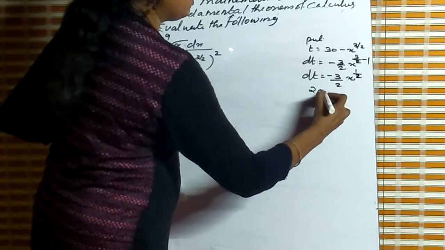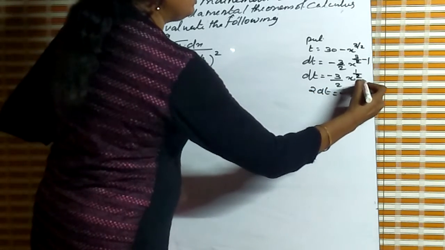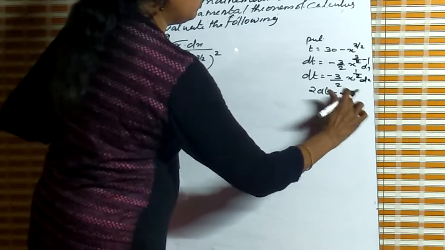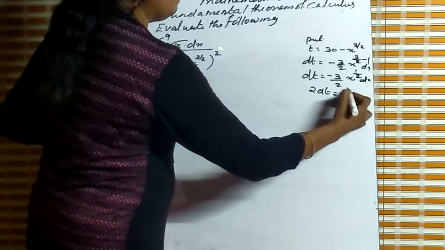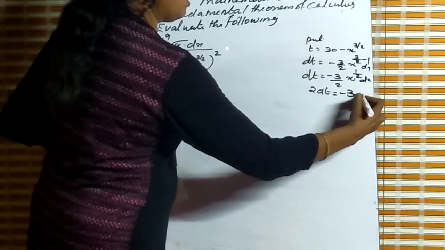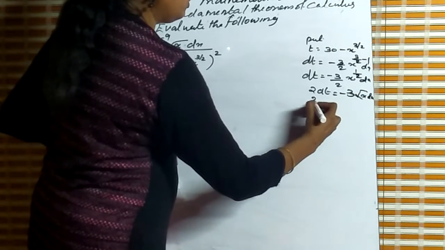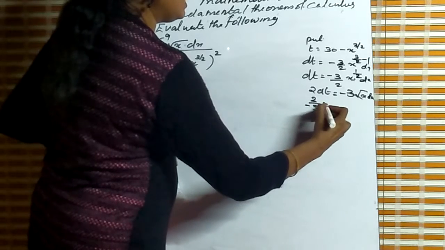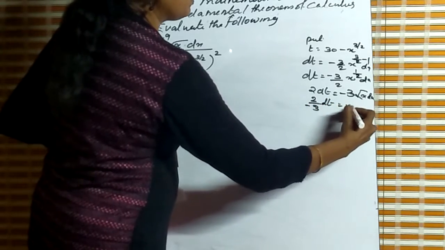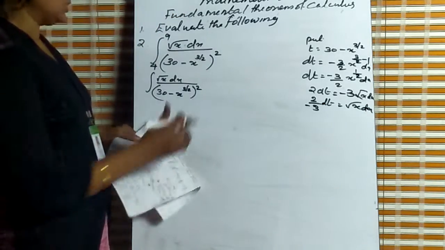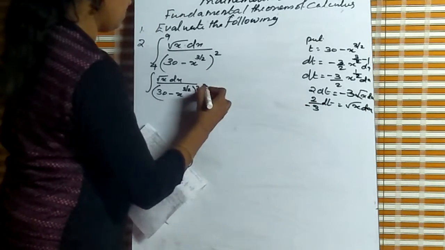Cross multiplying, minus 2 dt equals 3 x raised to half dx, and x raised to half is root x. So root x dx is equal to minus 2 by 3 dt.